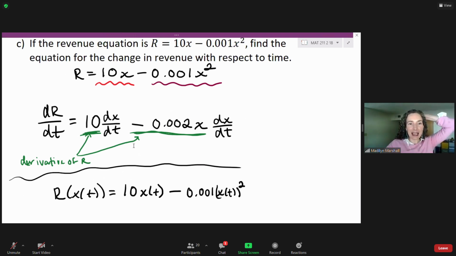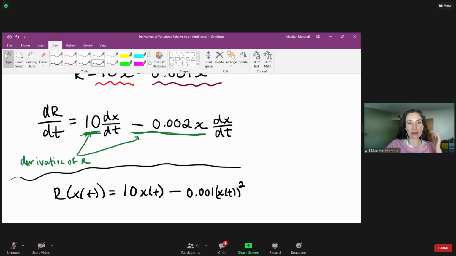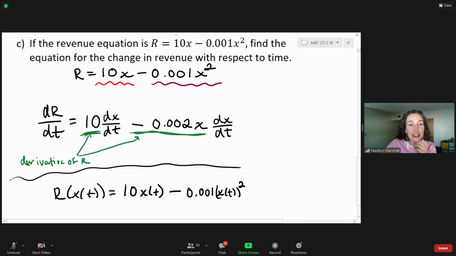So this is why this section is titled related rates, because once we have this equation for the dr dt, this equation is relating the rate of change of r and the rate of change of x.